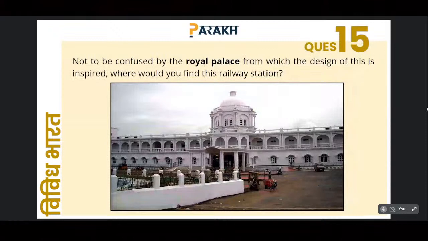So for this question, you have to identify the place where you find this railway station. No, it's not Mysore.